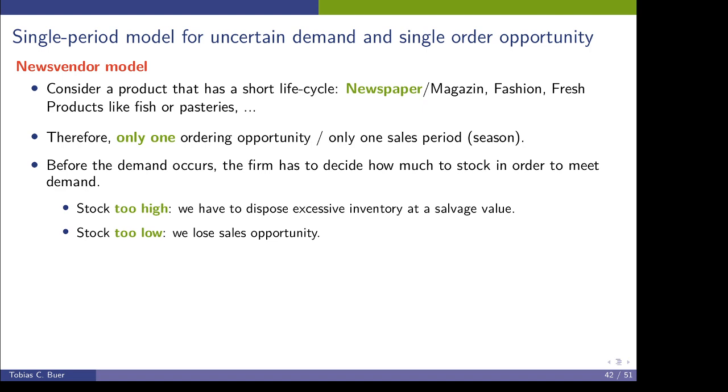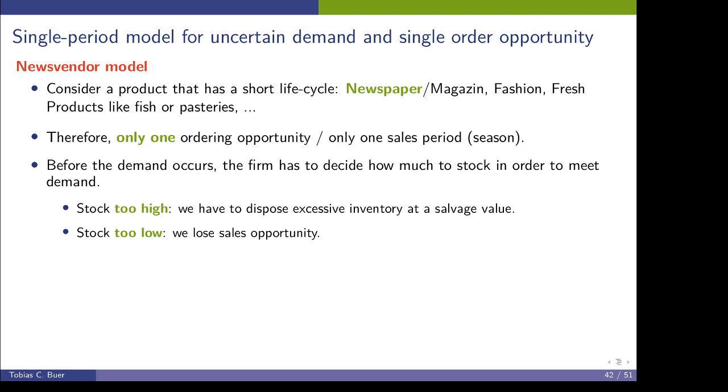Today we will look at a single period model in which the demand is considered uncertain and we have only a single ordering opportunity. That is, we are allowed to place only one order. Recall, in the economic order quantity model, we could place as many orders as we wanted.